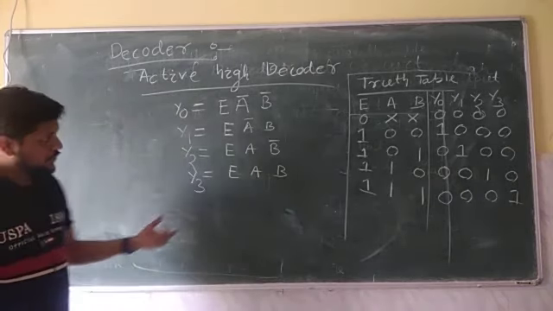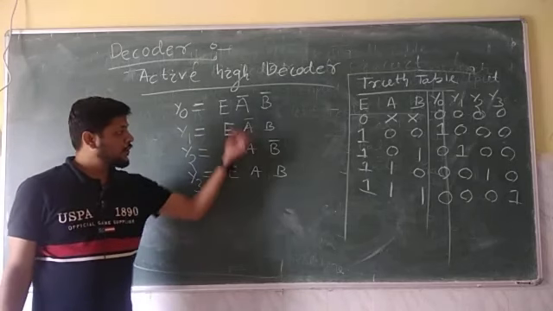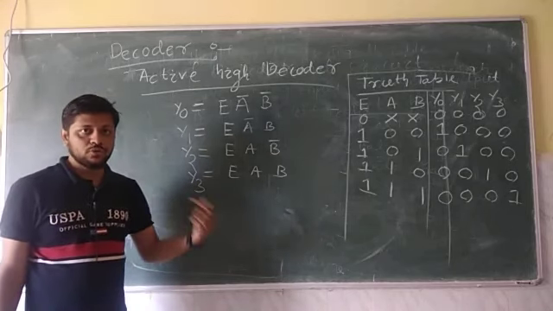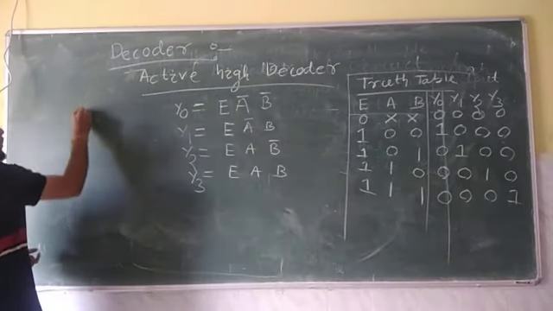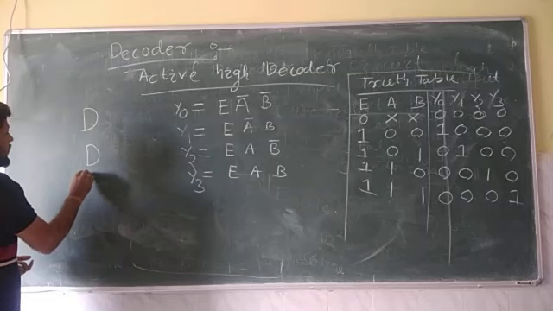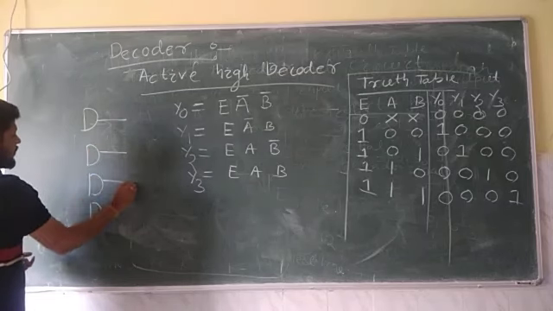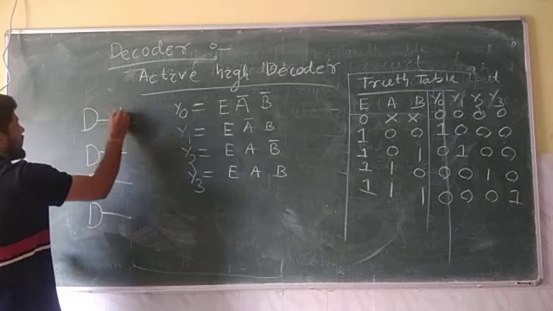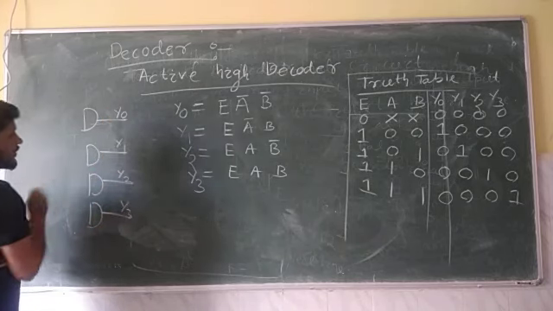Now it's time you can implement this. I have already explained which gate you will use for the implementation. Here we will use the AND gate, so take 4 AND gates. The outputs of the AND gates are Y0, Y1, Y2 and Y3.